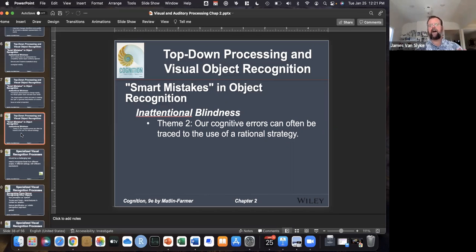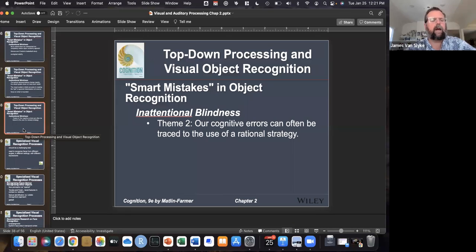So it produces a kind of cognitive error side effect, that there are certain changes and certain things that we just don't attend to. It shows that when we're taking in information with our visual systems, we aren't taking it all in. We're only taking bits and pieces of it, and we're putting it together at a later time.